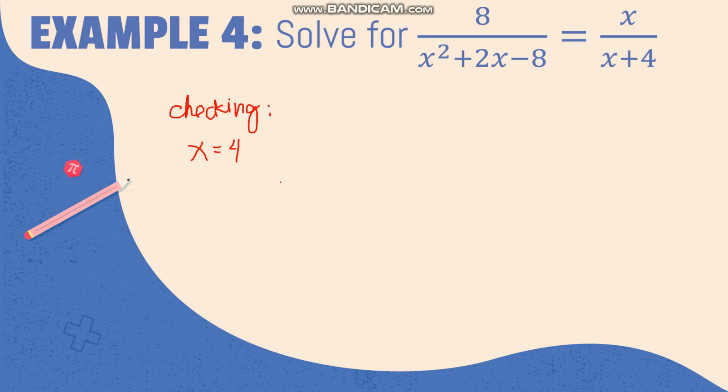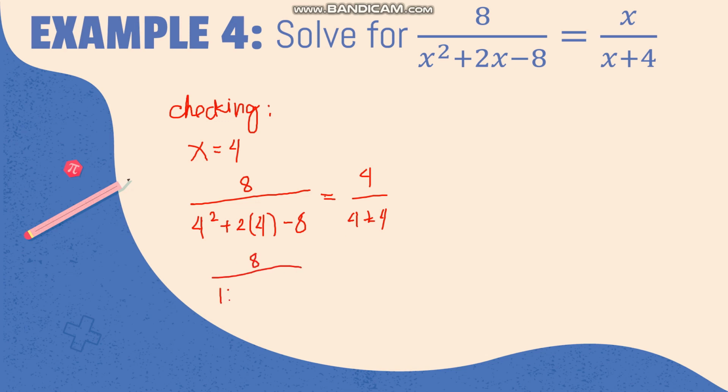So all you have to do is substitute. You have 8 over 4 squared plus 2 times 4 minus 8 equals 4 over 4 plus 4. So this is 8 over 16 plus 8 minus 8 equals 4 over 8. 16 plus 8 minus 8 is just equal to 16.